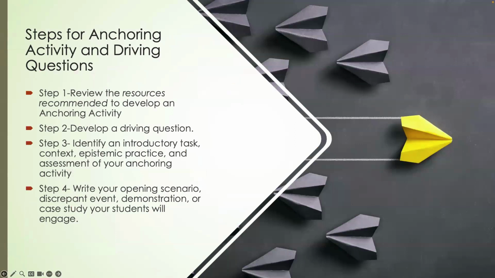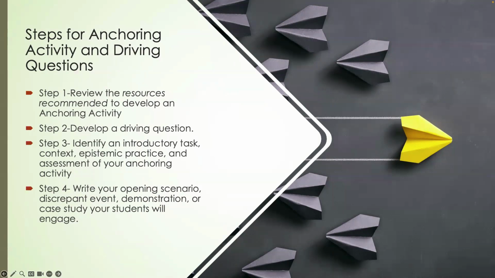Now, steps for anchoring activities and driving questions. So we're going to dive into this partly in this video and the next. So step one, we're going to review some resources recommended to develop an anchoring activity. I will be providing those in my Google Classroom. Then you're going to be developing a driving question for your lesson.